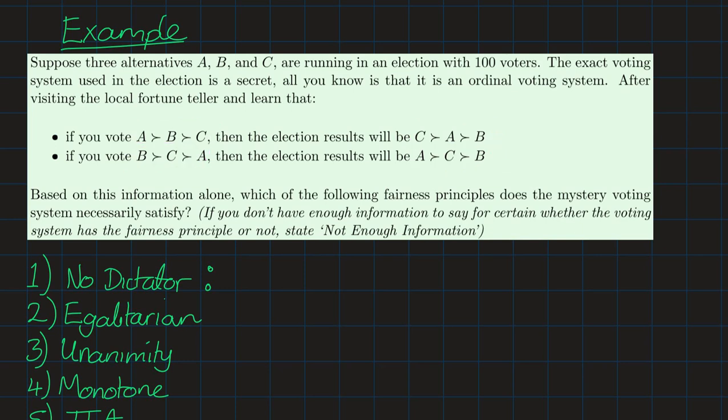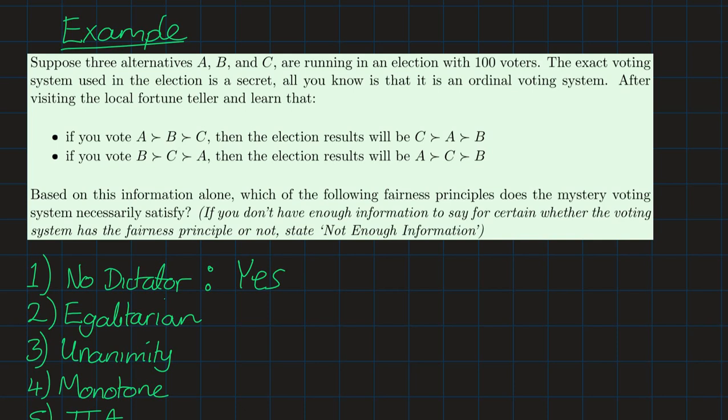If you vote A, B, C, the outcome is C, A, B. And if you vote B, C, A, the outcome is different: it's A, C, B. So your vote does have an influence on the outcome of the election. That means no one else is a dictator either. So there is no dictator. So yes, this voting system satisfies the no dictator fairness principle.